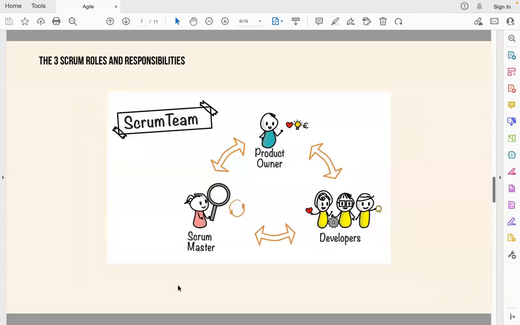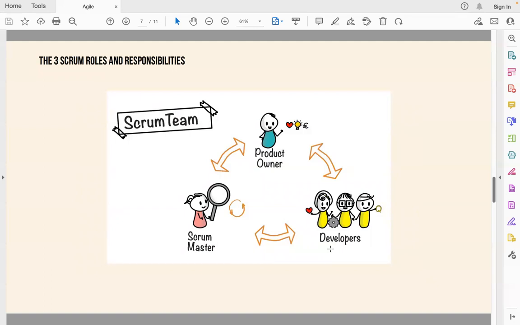The Scrum team consists of the Scrum Master, the product owner, and the developers. The Scrum Master is responsible for ensuring the Scrum team is operating as effectively as possible with the Scrum values. This means that they keep the team on track, plan and lead meetings, and work on any obstacle the team might face.